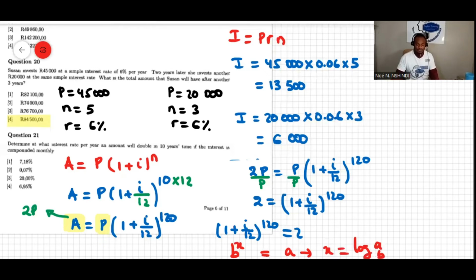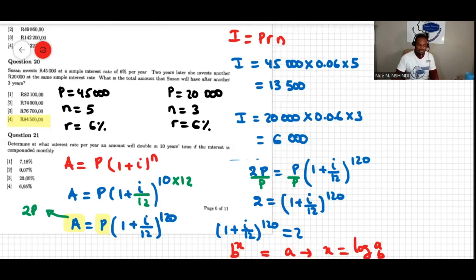This is the law of logarithms, the formula. In this case, x is 120, the base is 1 plus i over 12, and a is 2.